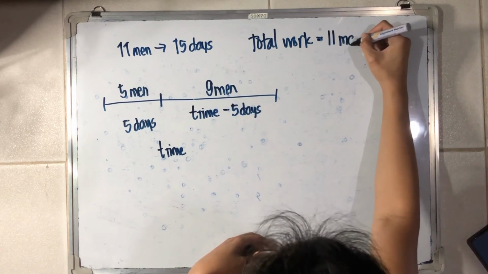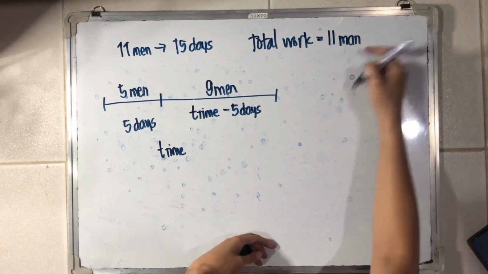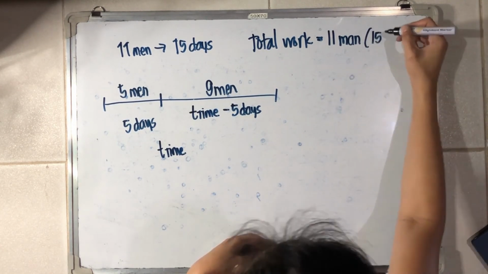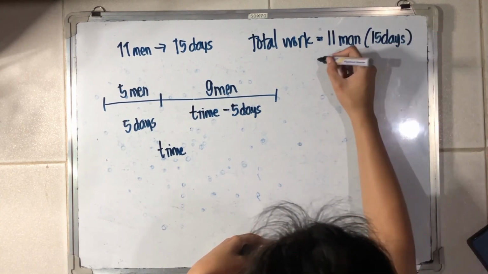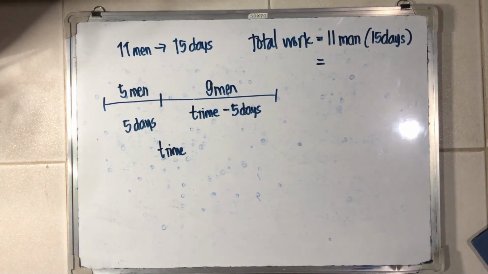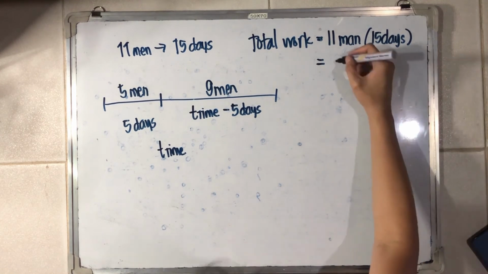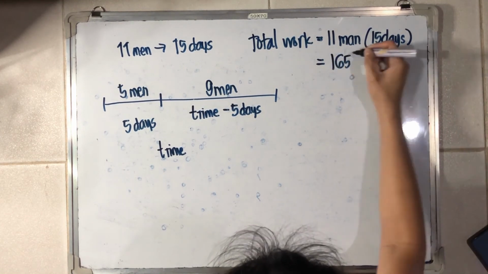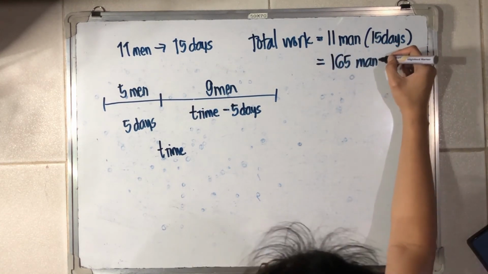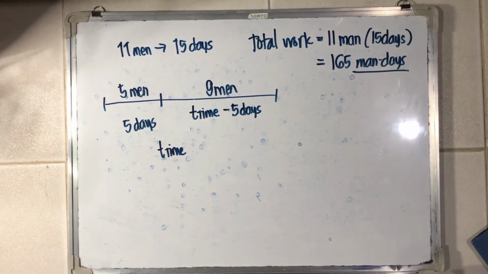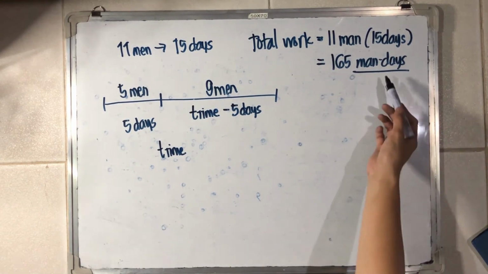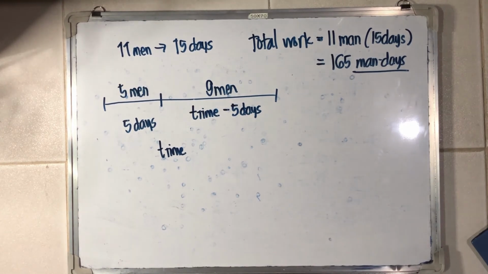That is, I'll just use the unit man para hindi tayo ma-confuse. 11 men for 15 days would give us a total work of how much? 11 times 15. And that is 165 man-days. Okay. Ang man-days kasi is a unit of work yan na ginagamit, no? Ilang man, tapos ilang days nila magagawa. So, ayan daw yun. Yan daw yung total dapat na magawa nila.